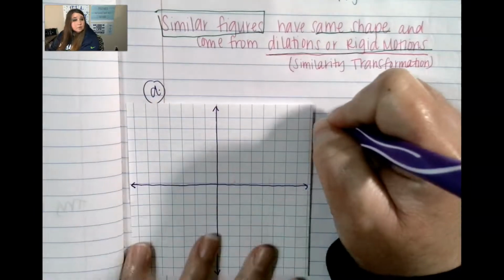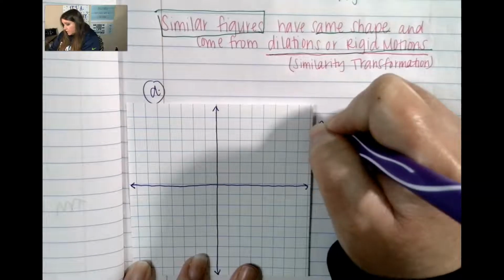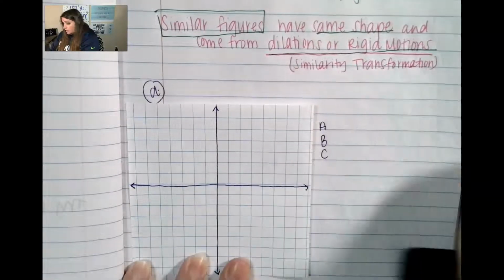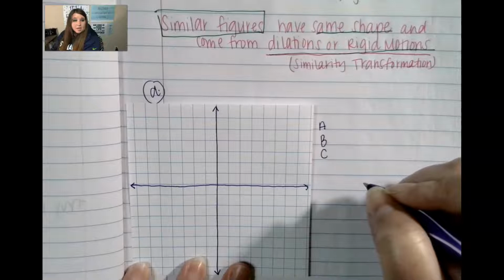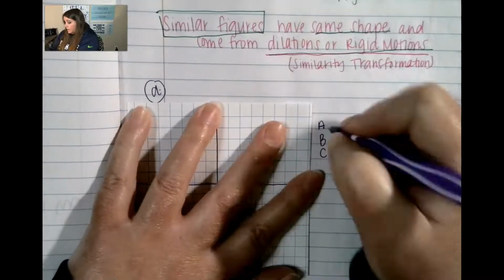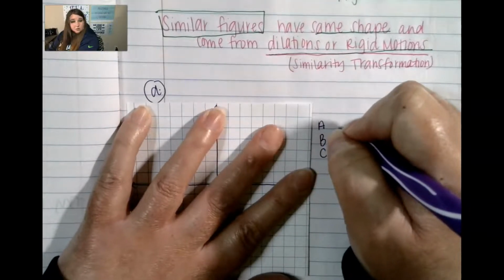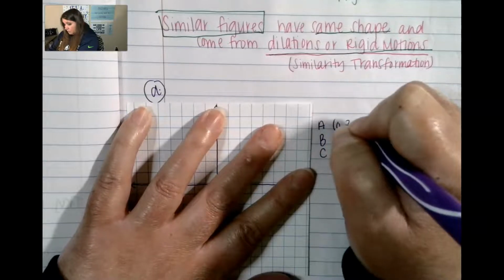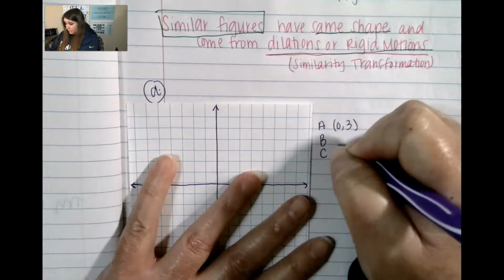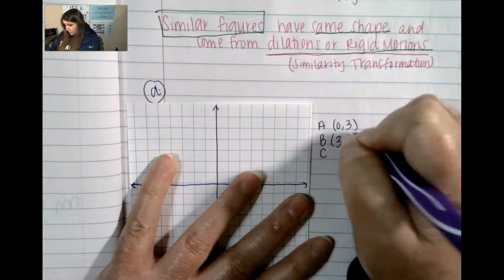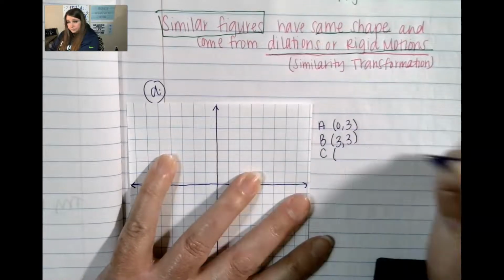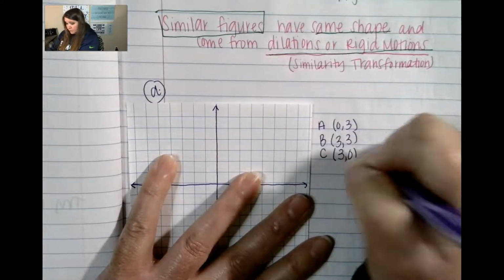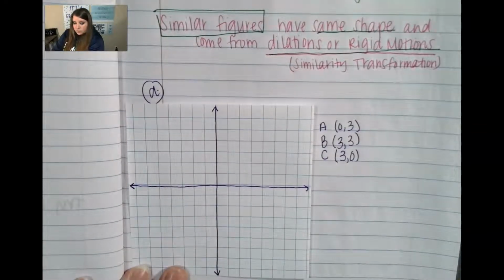We're going to compare triangle ABC to triangle JKL. Our first thing is to graph this one: (0, 3), (3, 3), and (3, 0). Let's graph this very first triangle.